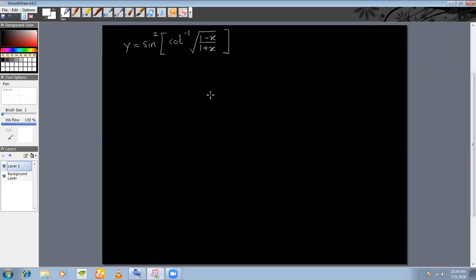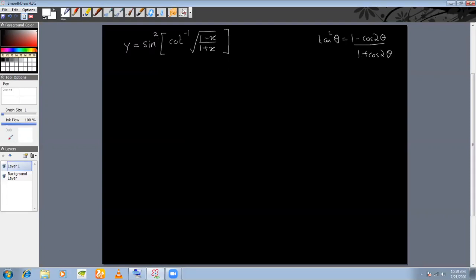Now let's see. There's a radical sign and you see a cot inverse also. If there's a radical sign, if you remember that tan square theta is 1 minus cos 2 theta by 1 plus cos 2 theta, isn't it?